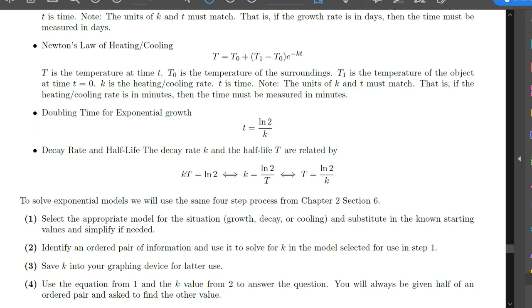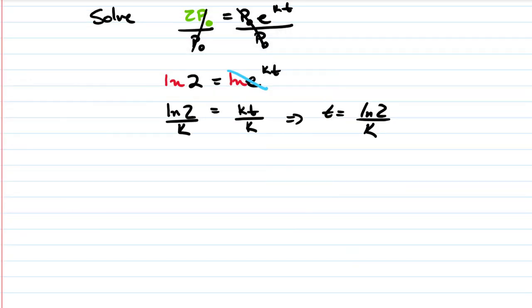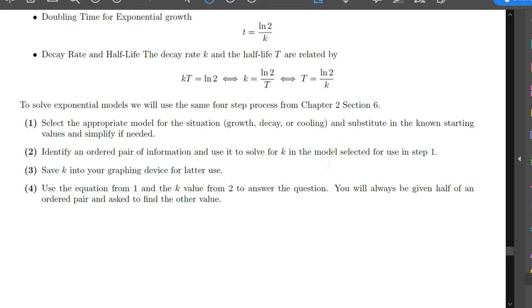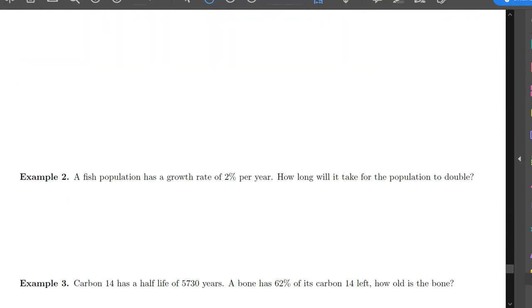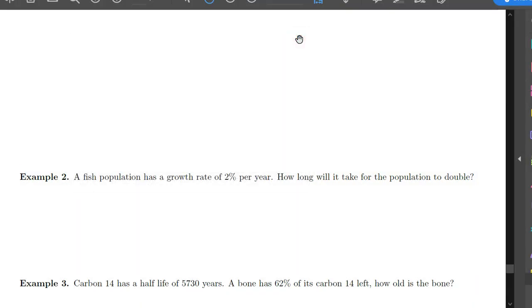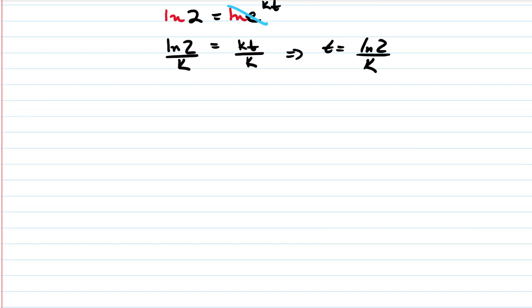The doubling time for exponential growth is t equals the natural logarithm of 2 divided by k, which is exactly what we came up with here. Anytime we need to know the doubling time of exponential growth, that is going to be our go-to formula.